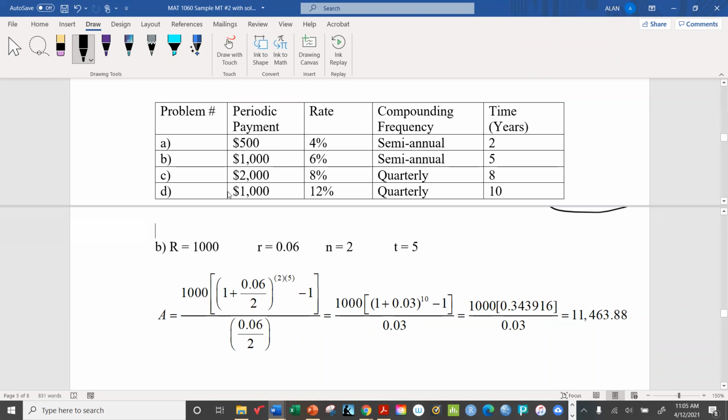So we're going to plug in these numbers. We'll reduce it to 1.03. In the brackets, we have 1.03 to the 10th minus 1, which is approximately equal to 0.343916. And so when you get through multiplying everything out, you should get approximately 11,463.88.